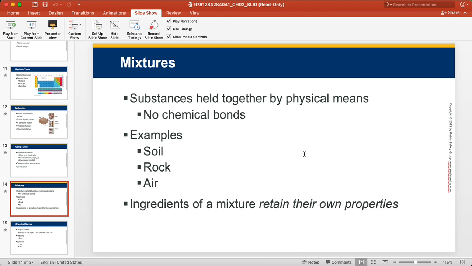But that's a mixture, right? We do have a chemical chain reaction that happens when the water and the pulverized limestone come together, and we'll talk about that more as an exothermic reaction later on in this lecture. But think about the examples that are out there. So you have soil, rock, and air.